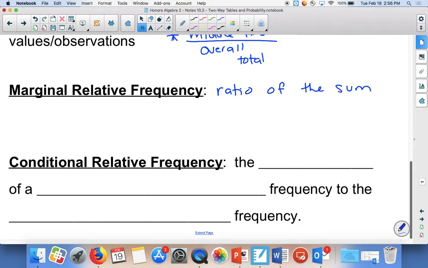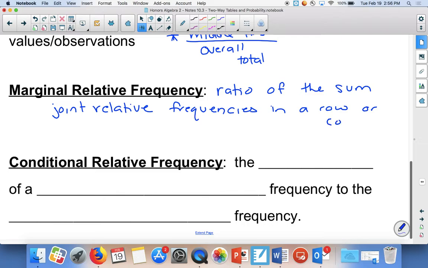So like before, a fraction, but now we're going to put the joint relative frequencies in a row or column.